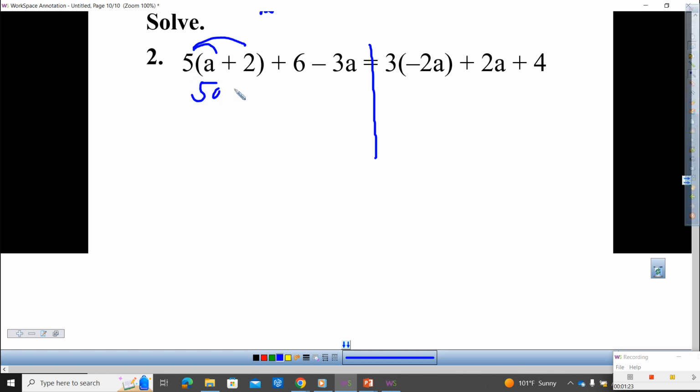So we get 5a plus 10 plus 6 minus 3a. And then we're going to continue simplifying that expression all the way down. So what is positive 5a minus 3a? 2a. What is 10 plus 6? 16. Can we simplify any more? No. Pass someone so they can help me on the other side.